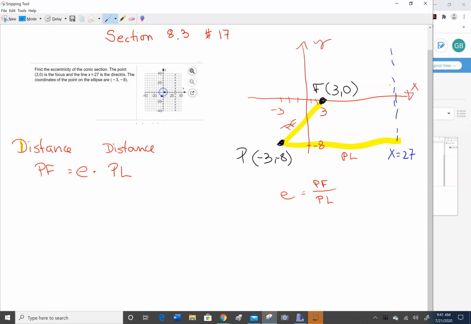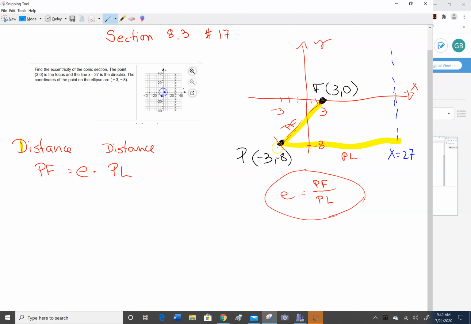The point on the ellipse, we know it's an ellipse, and this ellipse contains the point (-3, 8). So if we do have a conic section, by definition, and I wrote this right here, the eccentricity is equal to the ratio of the length of the point on the ellipse to the focus point. I called this PF right here.